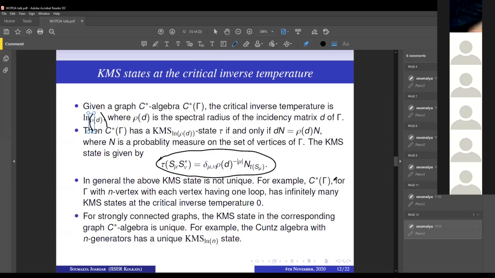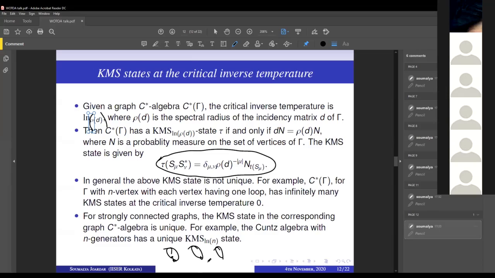For example, if you have a graph of this kind, we can draw the picture somewhere here. This is the graph. Let's say this is one vertex, this is another vertex, this is another vertex. So there are n disjoint vertices, and each vertex has a loop. If you take this graph, the corresponding graph C*-algebra, you can check the identity will be the incidence matrix.